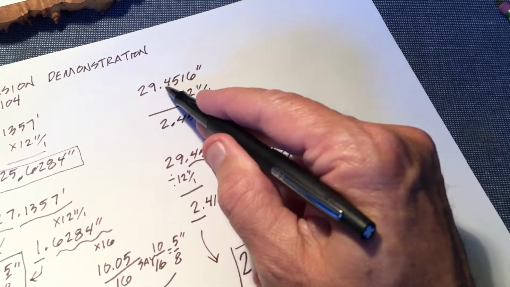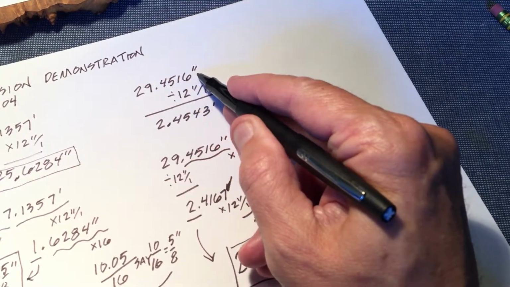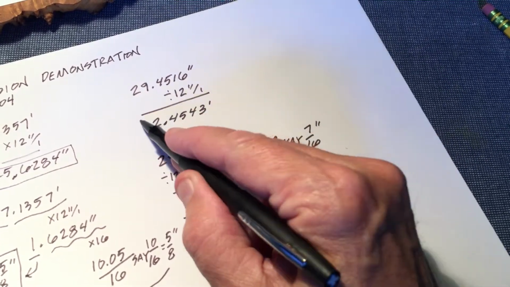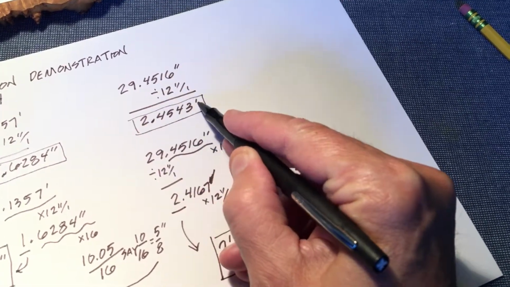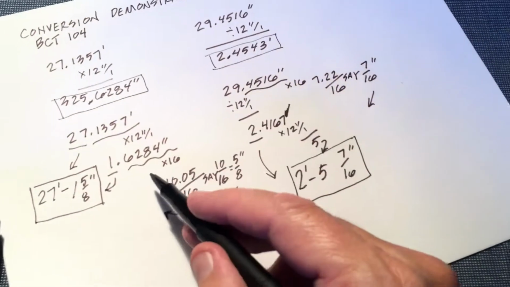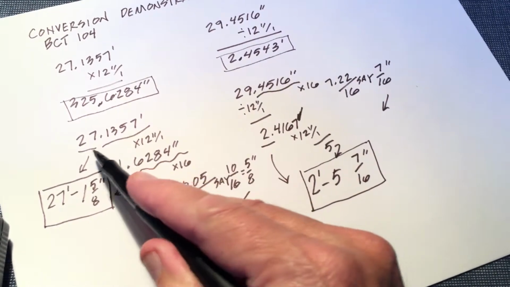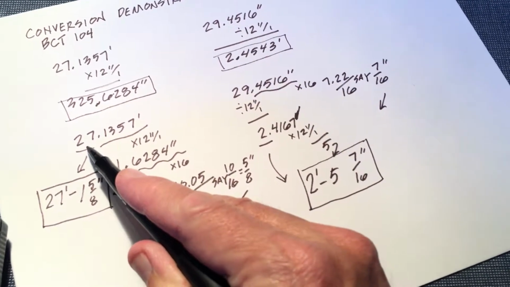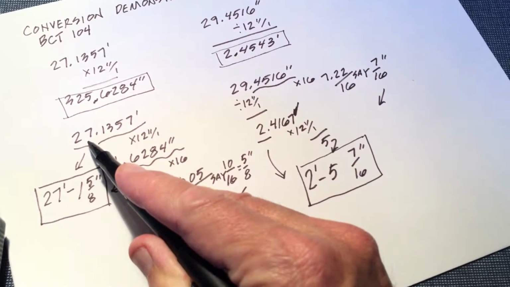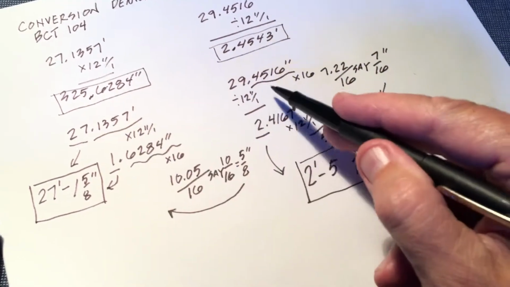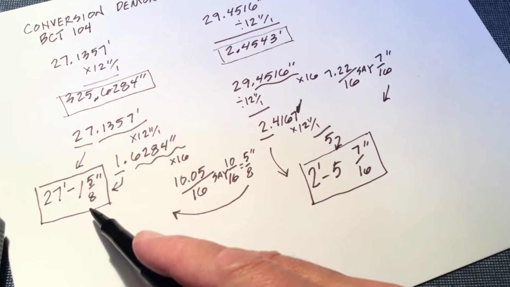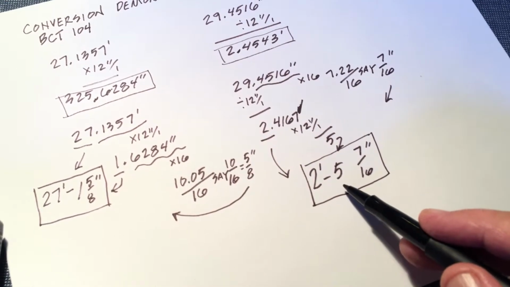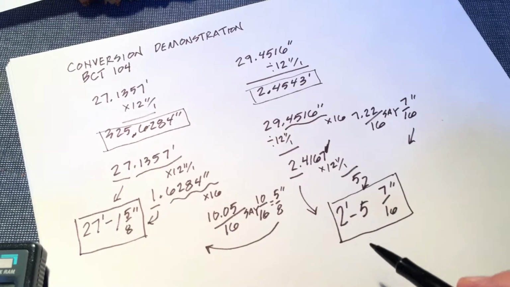I took the 29.4516 inches divided by 12, and I ended up with 2.4543 feet. And then in each of these other examples, I took the same numbers, in this case in decimal feet, in this case in decimal inches, and I converted those to architect dimensions. I hope this has been useful for you.